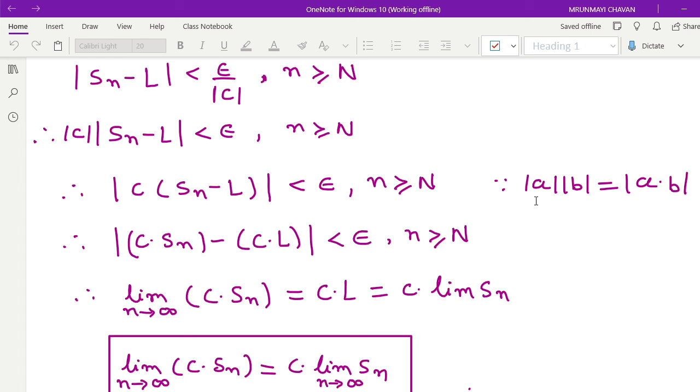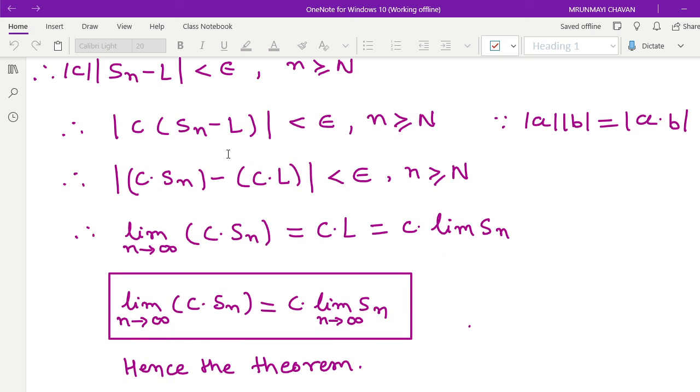Here the property used is that the product of these two moduli is equal to the modulus of the product. So we have taken the product of these two moduli into one modulus, using this property. Now that we have taken C inside the modulus, we can multiply by C, so we get modulus of C into Sn minus C into L. This is less than epsilon for n greater than or equal to capital N.